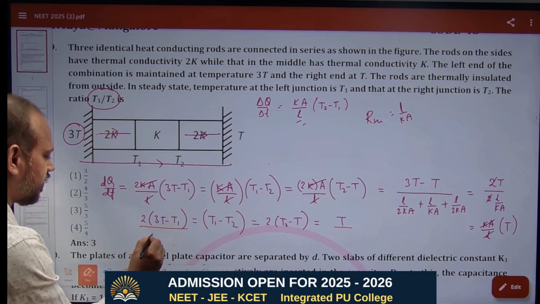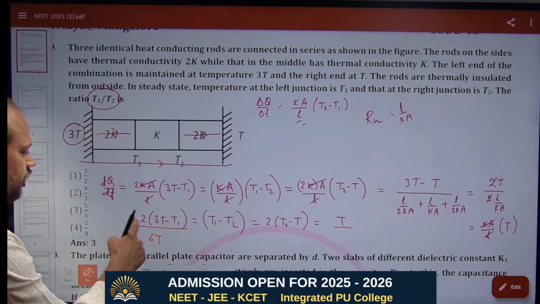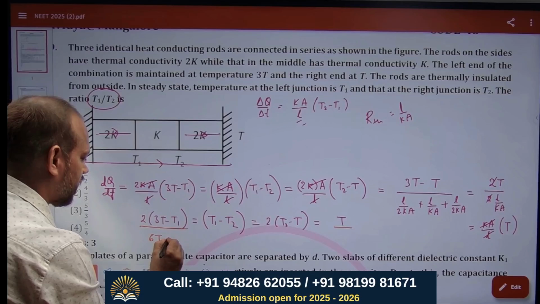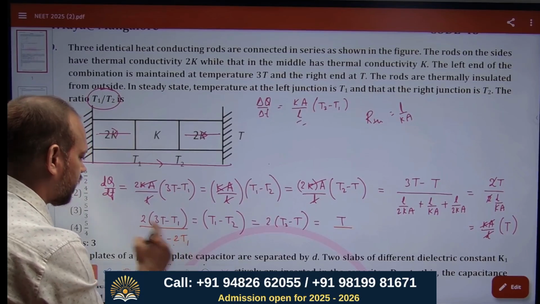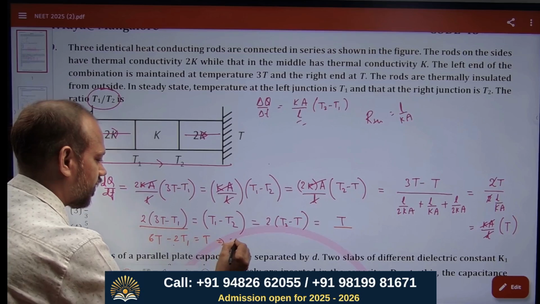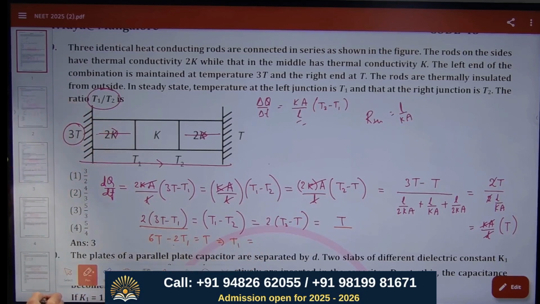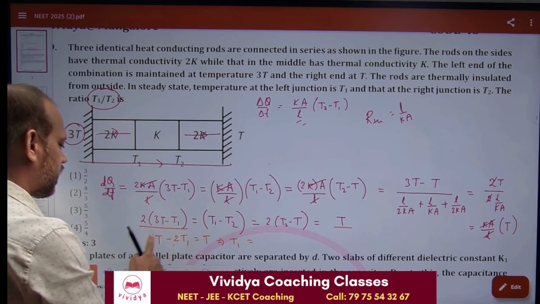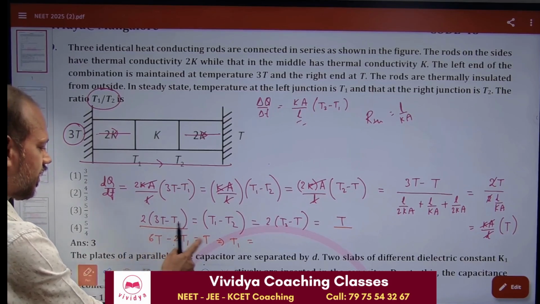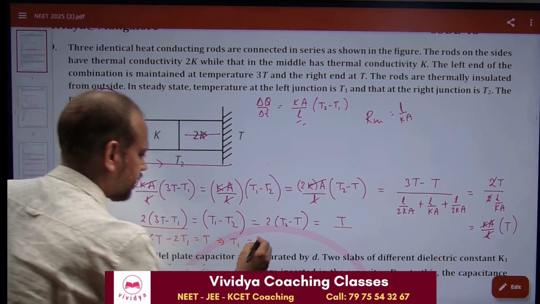It will be 6T minus 2T1 is equal to T. That's my equation. I'll get T1 from here. What is T1 equal to? So we'll get (6T minus T) divided by 2, so we'll get 5T by 2.